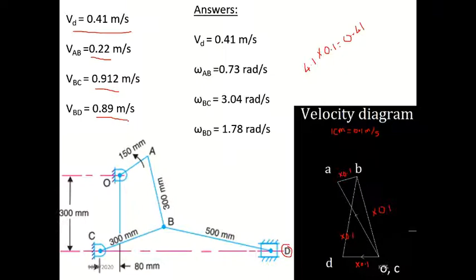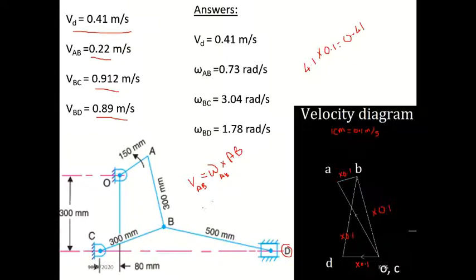Now I have to find out the angular velocity of AB. We know that velocity equals angular velocity into link length.